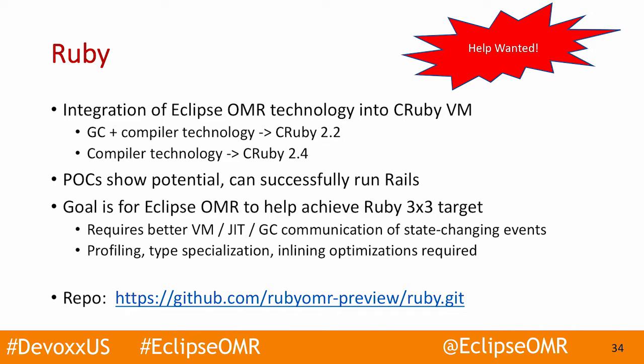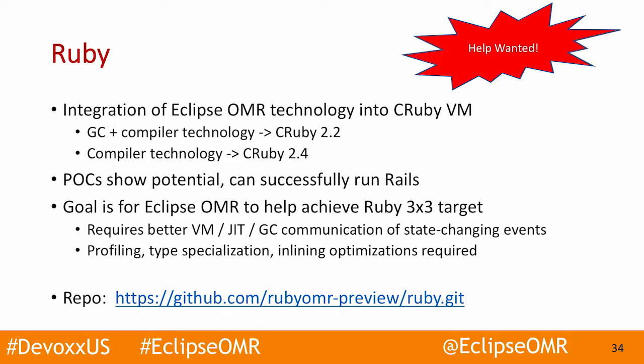So Ruby is another area that is consuming this technology. This was actually one of our first proof points of this technology outside of Java. It was developed very early on with some of the refactoring that we were doing. What we were able to show was that we can take the GC technology, and we've got that integrated into Ruby 2.2. We took the compiler technology.